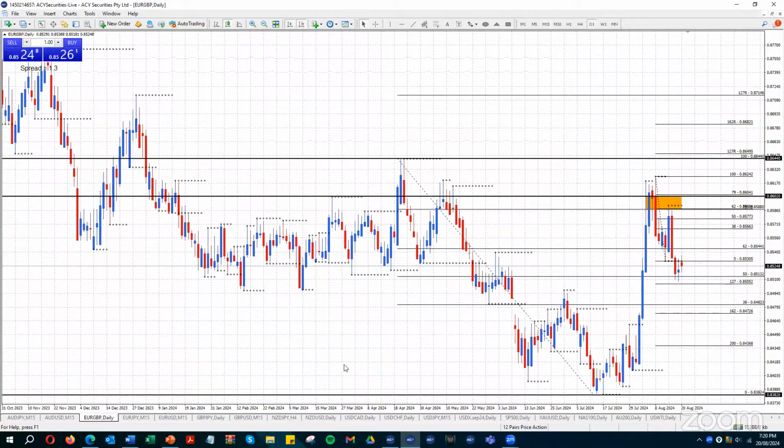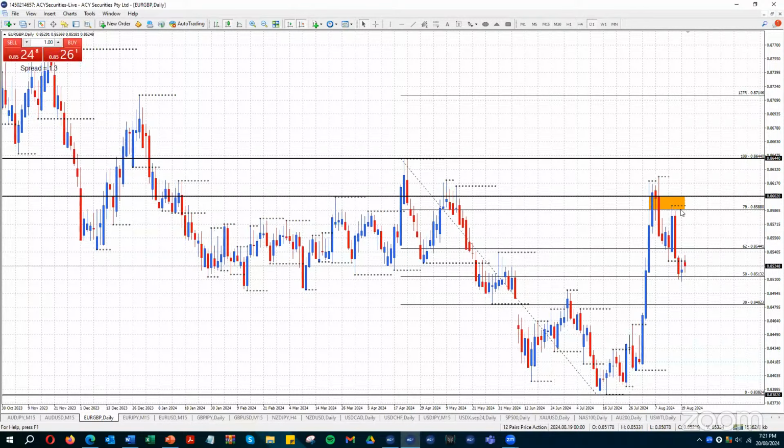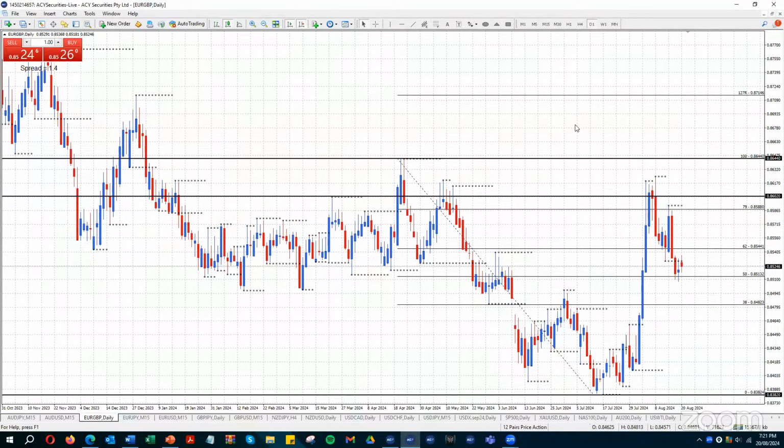All right, euro pound. Movement last week. Well, that wasn't last week, but this was last week. Came up to down, almost at the 127 extension now of that current move. So we'd want to see a rally back up now within this range. Let's just tidy things off. Don't really need that in there anymore.